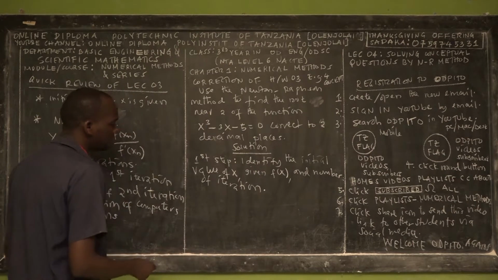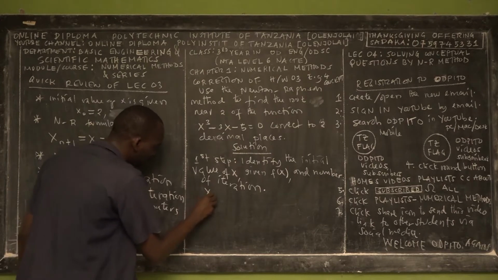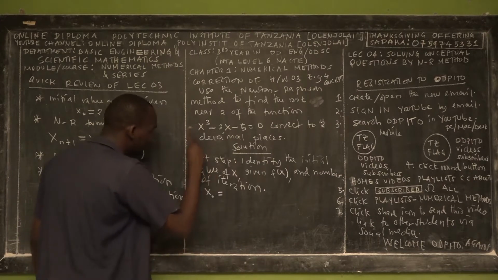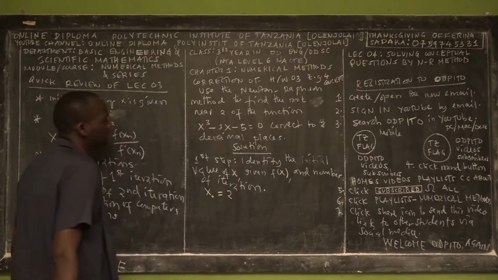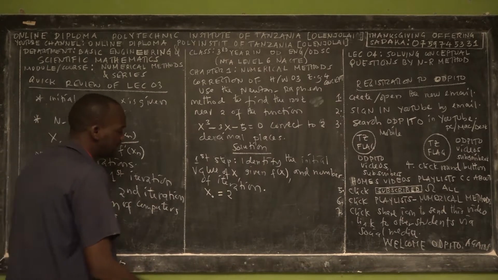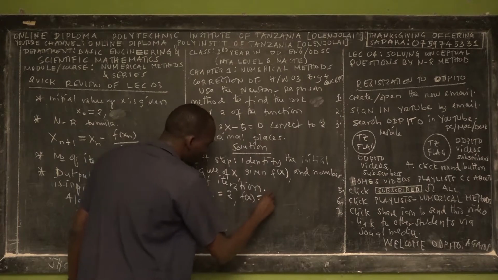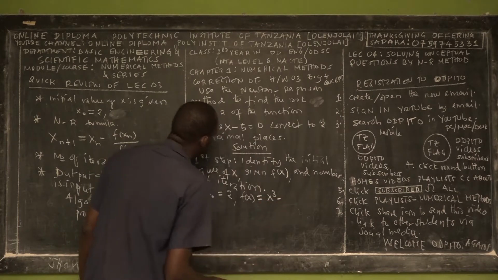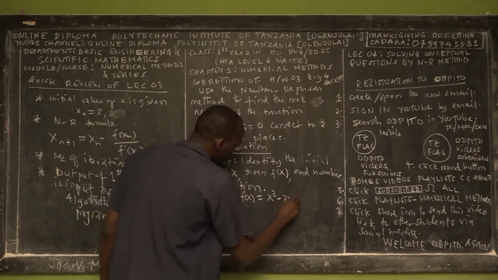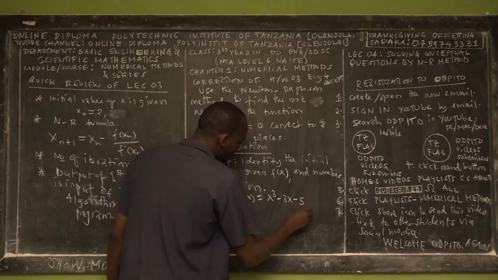So first of all, the initial value of x, which we call x naught, is 2, because the root is near to 2. Then the given function, which we call f of x, is equal to x cubic minus 3x minus 5.